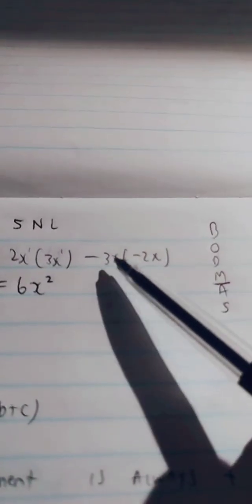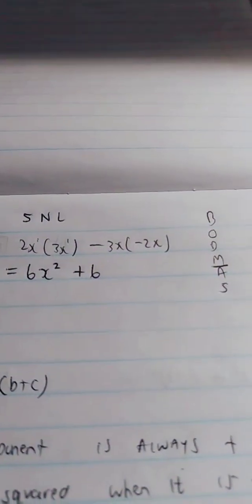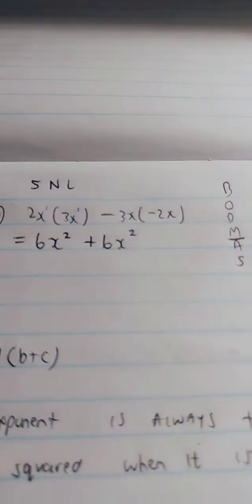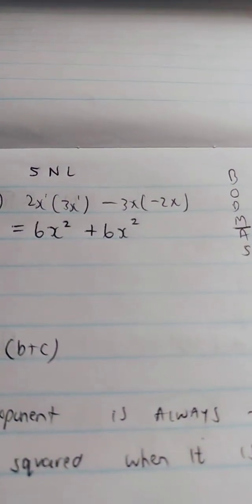Then let's move on. Negative 3x, we're dealing with the multiplication, times another negative 2x. Negative times a negative, we know the sign. 3 times 2, we know the number. x times x, we know what the song says. Finally we have addition after having multiplied.